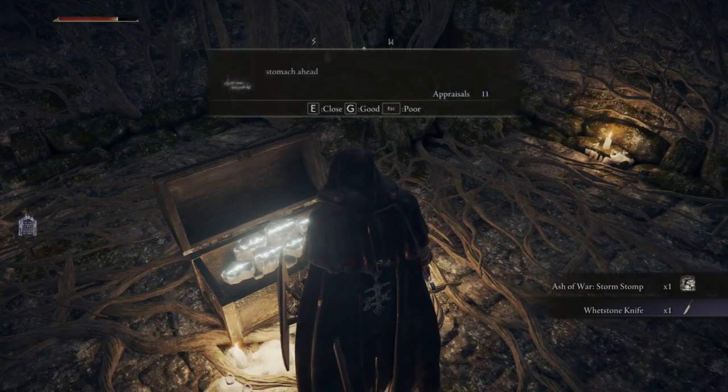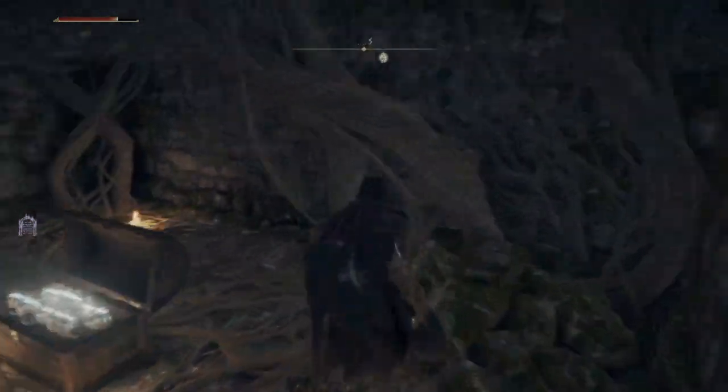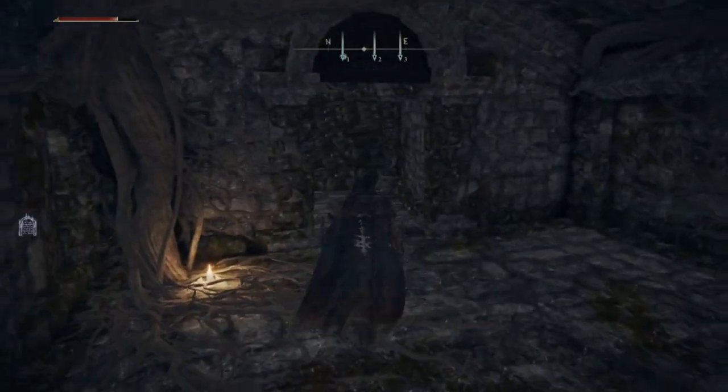Wisdom knife. Well, I don't think there's anything ahead.